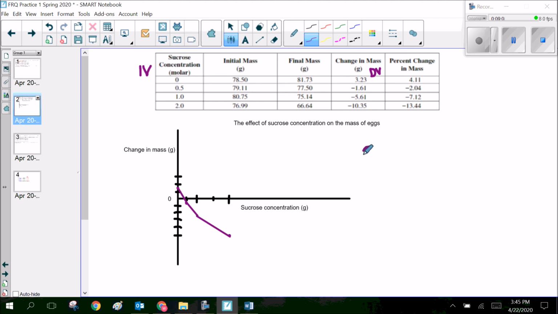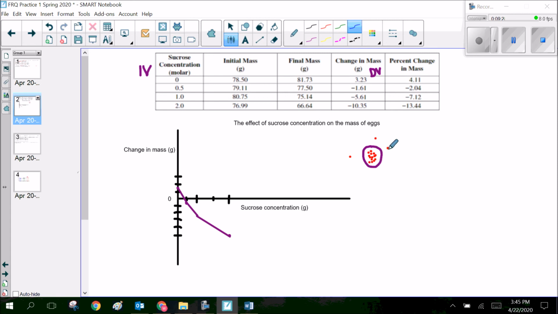Hypotonic, which I'll draw over here, means that you have very little solute outside of your cell versus inside of your cell. In other words, the inside of your cell has a much higher solute concentration than outside. If you remember, water likes to follow solute, right? So this affects the water potential.